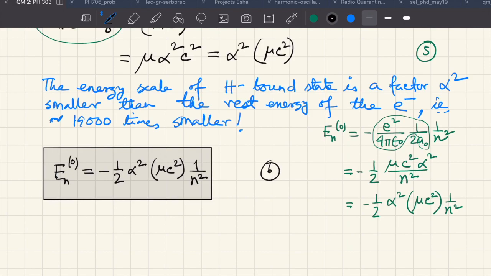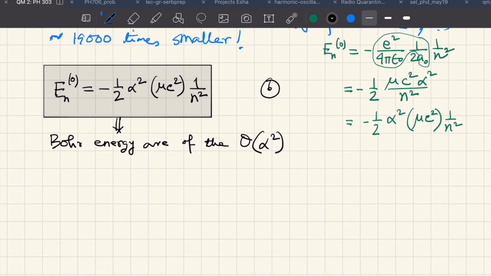So what does this tell us? This is the expression of the Bohr energy which you have already calculated. So Bohr energies are of the order of alpha squared. So already you see we are treating this alpha as some kind of a parameter in terms of which we are trying to figure out different quantities.